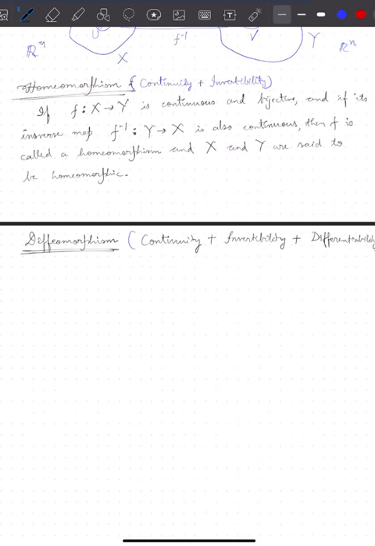And in mechanics, that's what you would see when you define a mapping function for the deformation. That deformation also has to be differentiable. Then only are we able to define the deformation gradient.